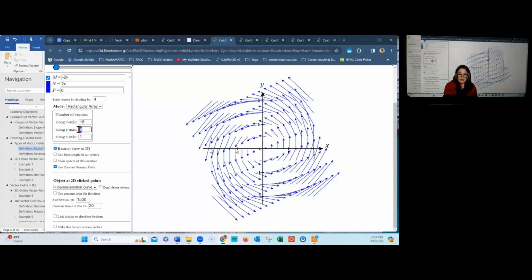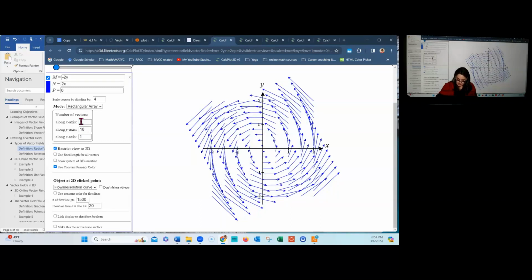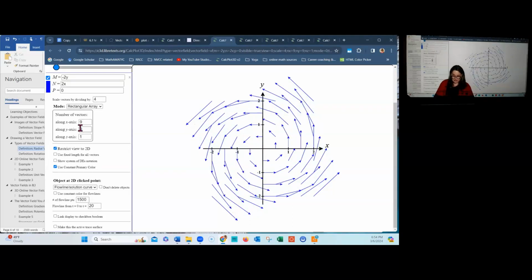If I do the same along the y-axis, it gets a lot more difficult to see all the aspects of the flow. So when you're doing this, it's a good idea to stick with a reasonable number, something like 9 or 10 across in each direction. And then you can see what it looks like a little bit more clearly. There is sort of an art to it as well as a science.